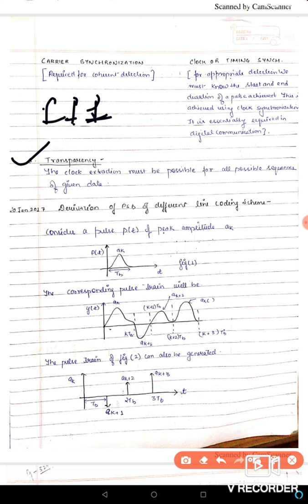And if my sequence is all zeros, then also I should be able to recover the clock content. If I am able to recover the clock irrespective of the sequence, then that is called a transparent code. So these are the 6 important properties that a line code must have.